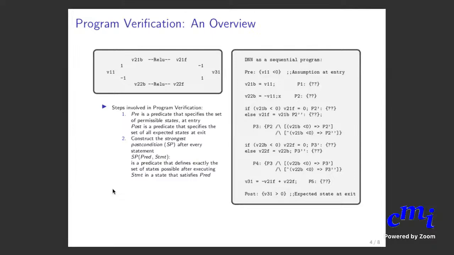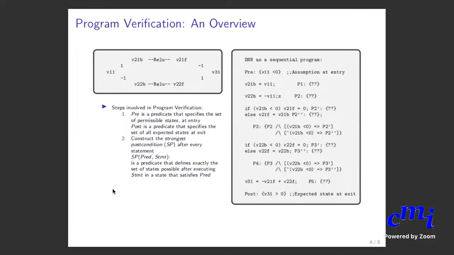So the idea is to construct what I call the strongest postcondition after every statement in the program, starting from the precondition. So what is a strongest postcondition? That is what I've defined here. This is for every statement. It is defined in terms of the predicate that specifies the state prior to executing the statement.